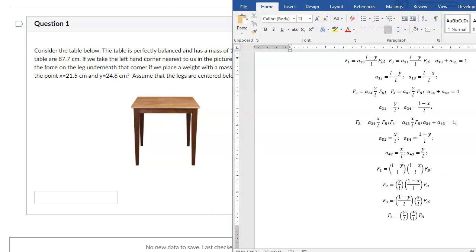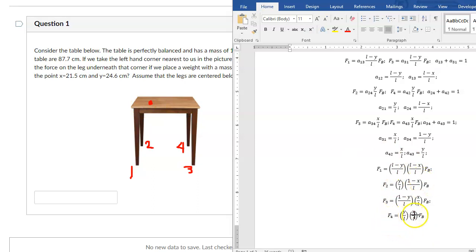Okay, now remember, that's 1, that's 2, that's 3, that's 4. Let's think about this solution. And this is an important part of physics, thinking about the solution. If we move the blob all the way over here where x is 0, what happens to these equations?